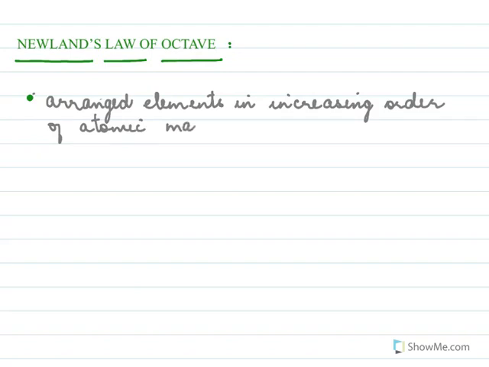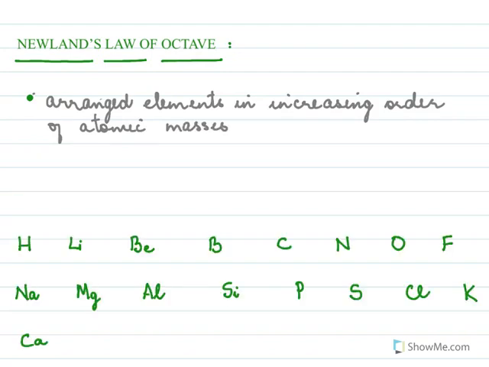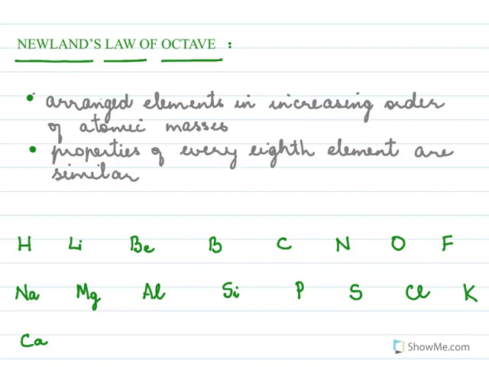So in this manner, he arranged all the known elements in the increasing order of the atomic masses. And then he found that every eighth element had properties similar to the properties of the first element.